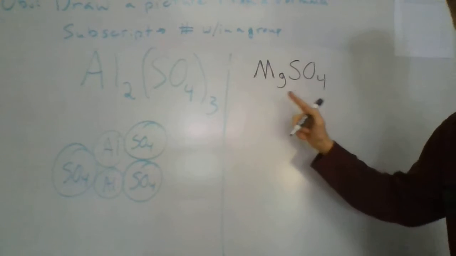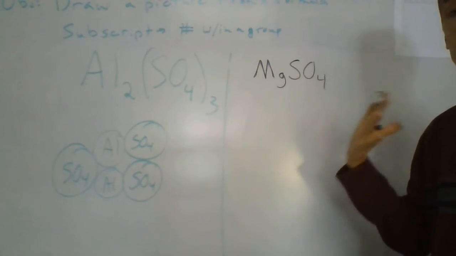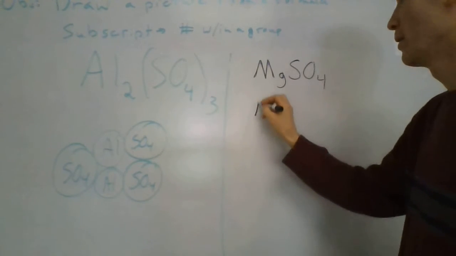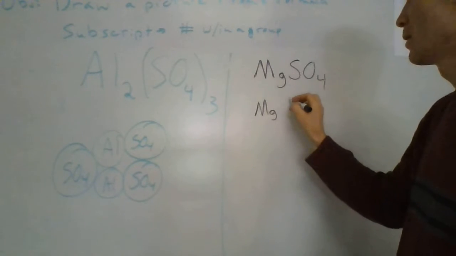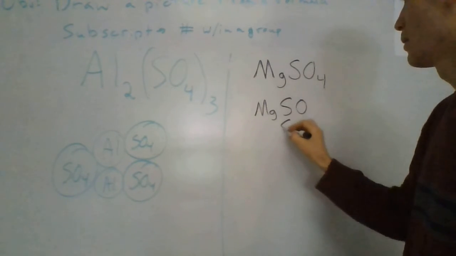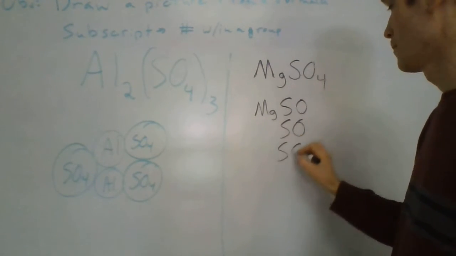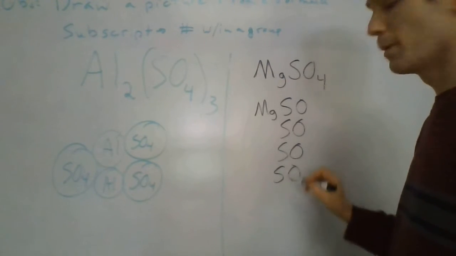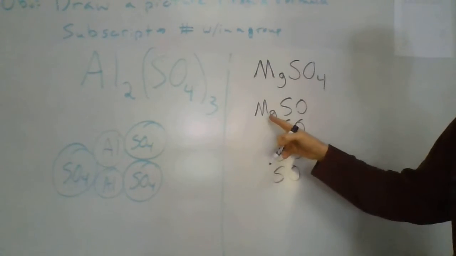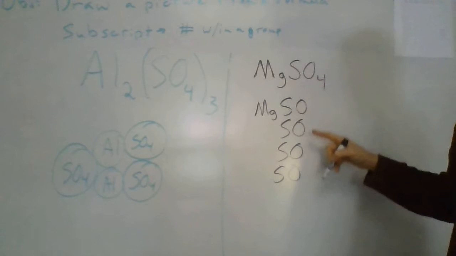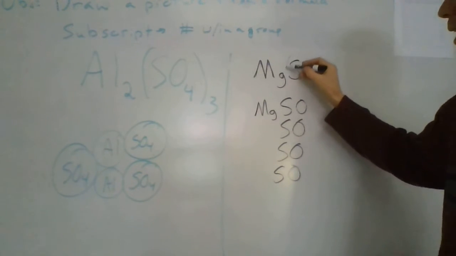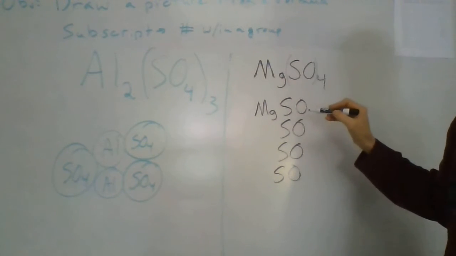Now, MgSO4, I'm going to show you a wrong way to do this. Oftentimes, people do this: 1 Mg with 4 SOs. However, the formula is not written like that. All right?